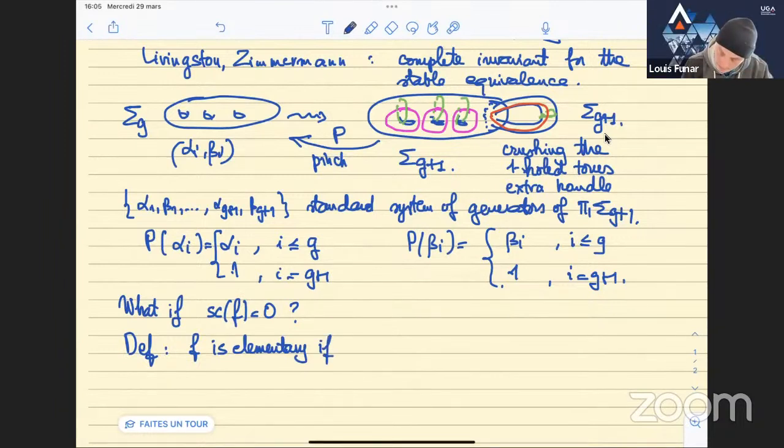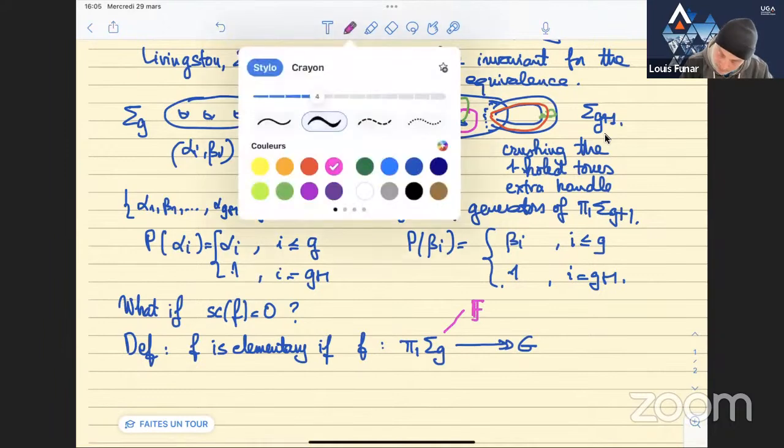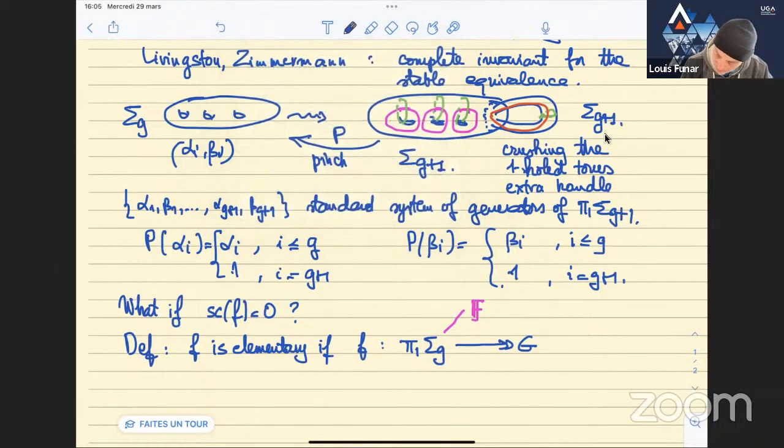if F, going from pi 1 of sigma G into G, factors through a free group. I'm not specifying precisely, but it will become clear in a moment.